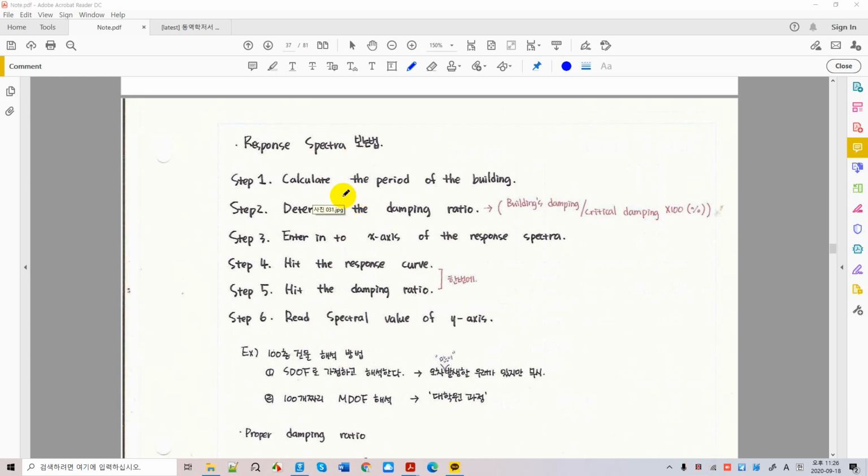We start by calculating the period of the building. We have two ways to calculate the period of a building, and we have to know the period of the building to understand and use response spectra. The first way, you can use MIDAS.